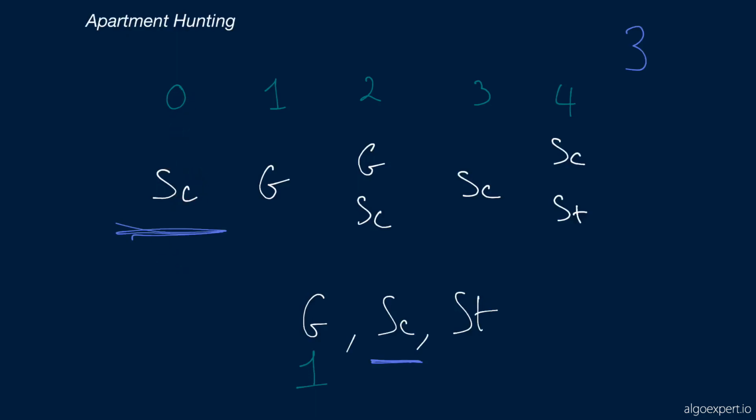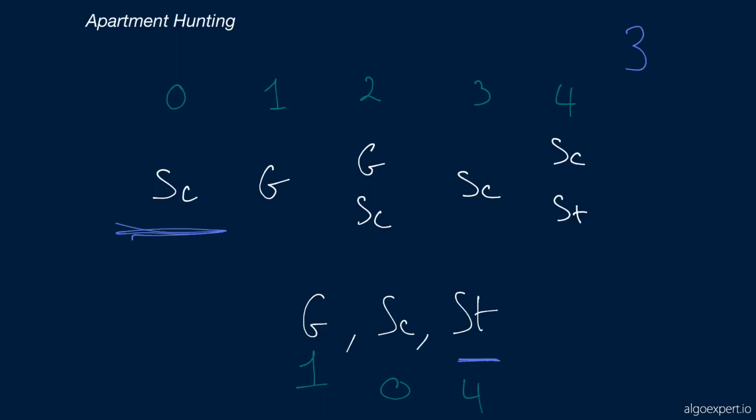So we'll put 0. Then we can say, how far away is the closest store? And the closest store is actually pretty far away. It's 1, 2, 3, 4 blocks away, right? The closest store to index 0, our current block, is 4 blocks away. So we're going to write that down right here.